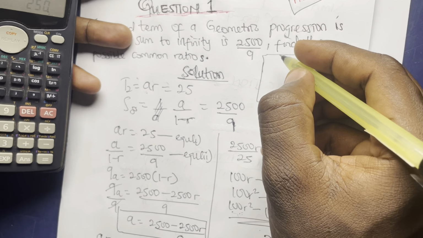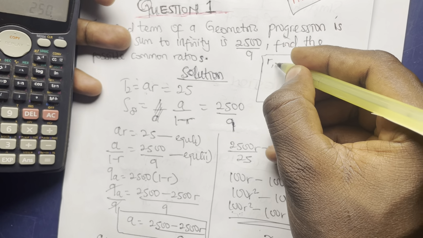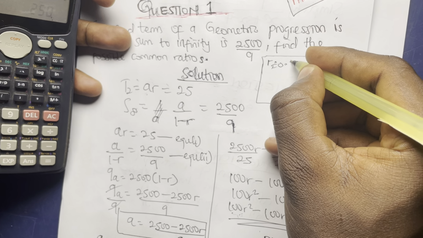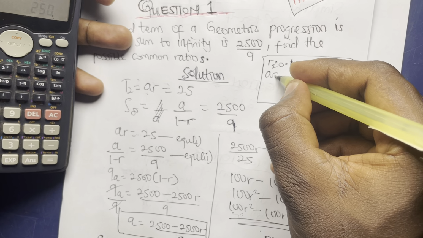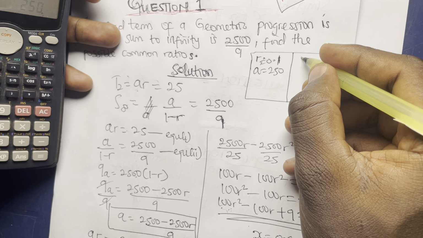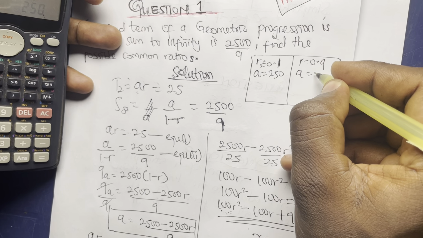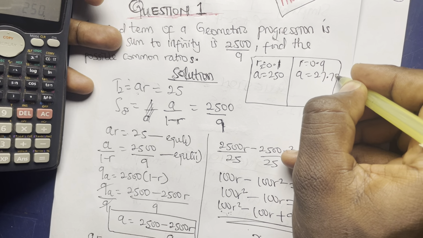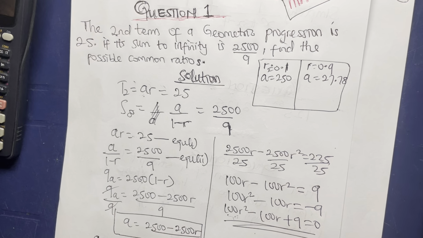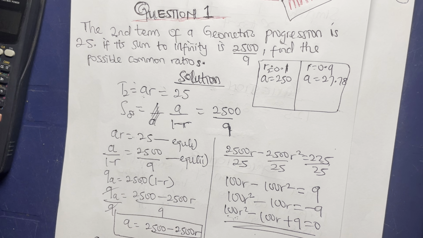So the possible answers are: if the ratio is 0.1, then the first term is 250, or if the ratio is 0.9, then the first term is 27.78. All right, good.